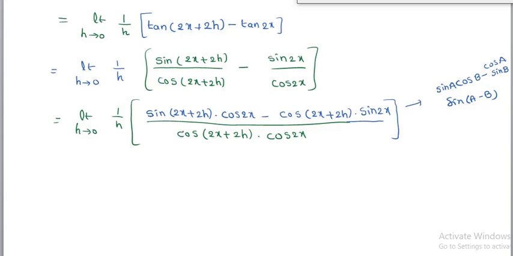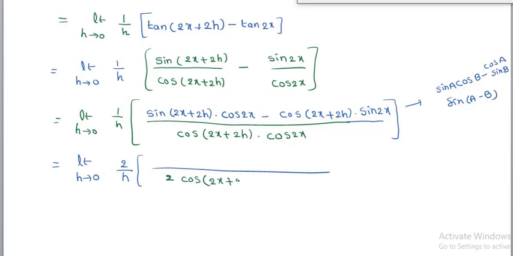Sin of A minus B. Okay, next I will write limit h tends to 0. Both numerator and denominator are multiplied by 2, 2 cos (2x plus 2h) cos 2x. The 2 cancels, no problem. So sin A cos B, sin of A minus B: sin (2x plus 2h minus 2x), the 2x cancels.